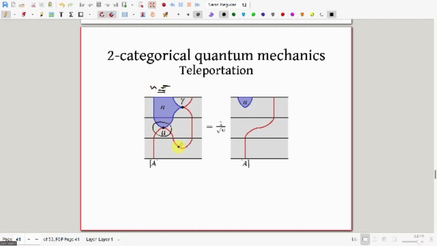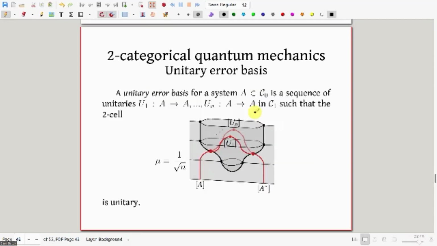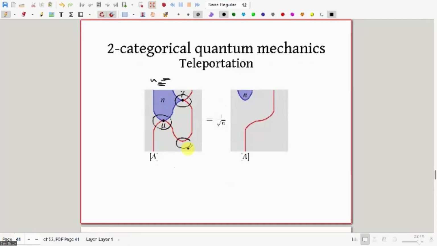I'm preparing an entangled state here, I'm measuring this guy, and then there's some control operation up here, and I'm supposed to be able to just bend the diagram around like this. And there's one more bit of trickery, this unitary error basis. So this is going to be my measurement up here.